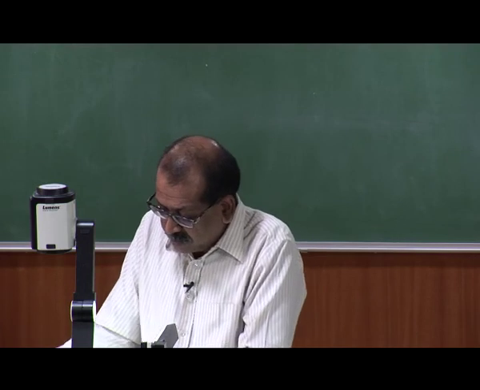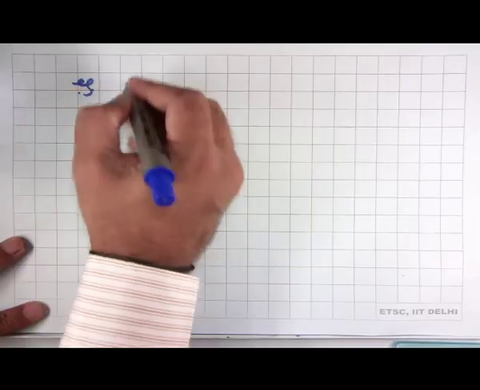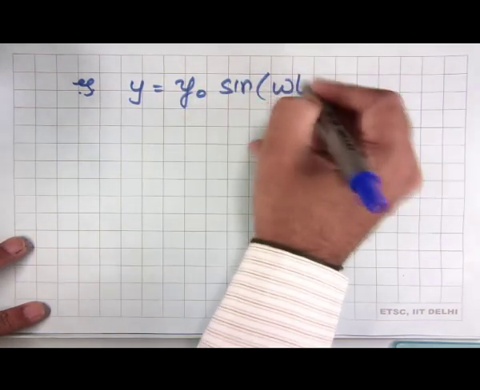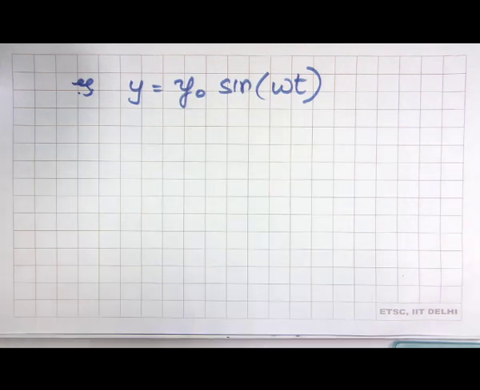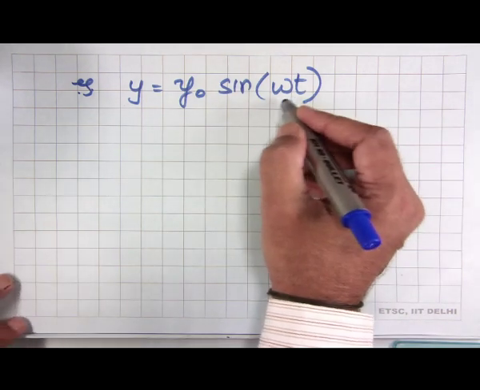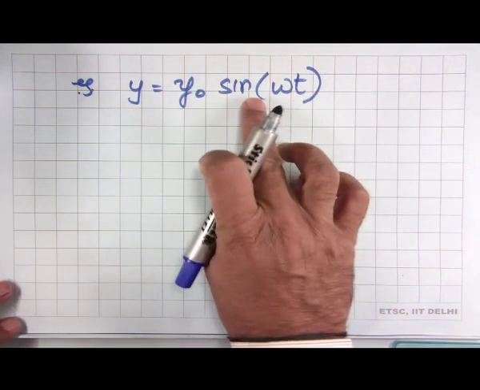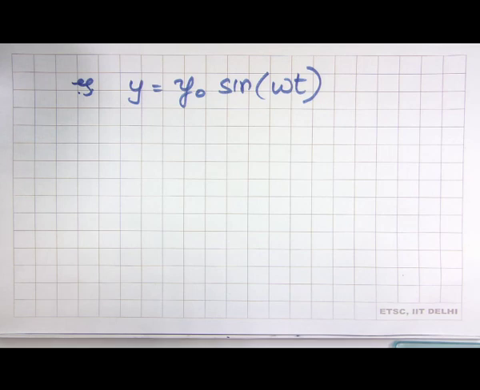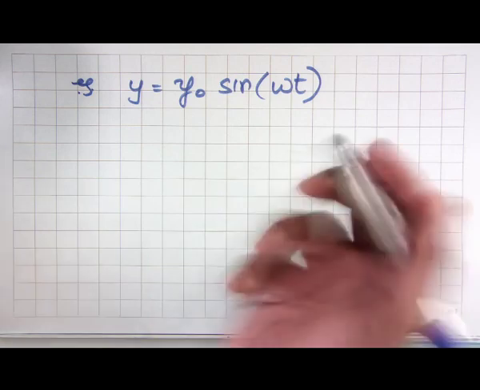So, for example, if we have a formula y is equal to y0 sin omega t, we cannot get sin omega t from dimensional analysis. But one thing dimensional analysis can tell us is, because sin has an argument which is an angle, omega t by itself has to be dimensionless. But we cannot get a form like sin omega t from dimensional analysis.